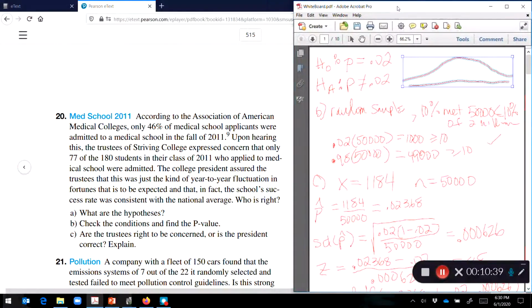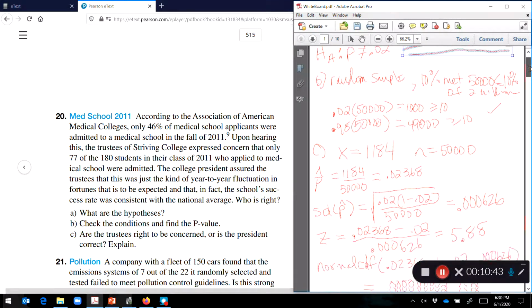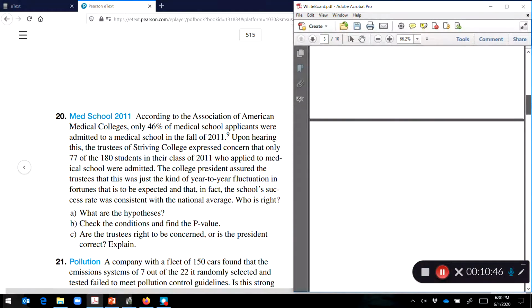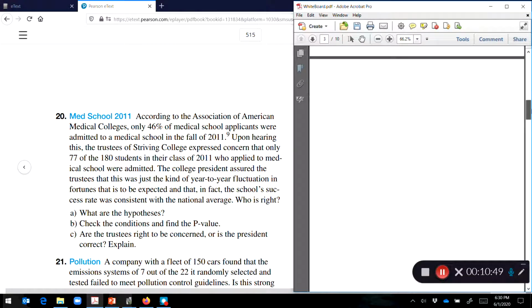Now, the college president assured them that this is just year-to-year fluctuations. We want to know, is it right that they're concerned? Okay, now, what are our hypotheses?